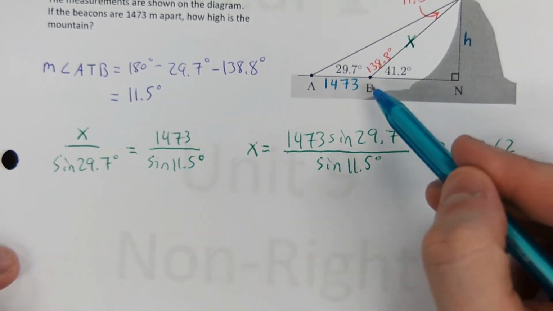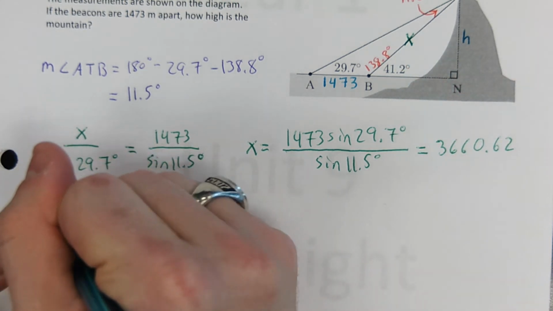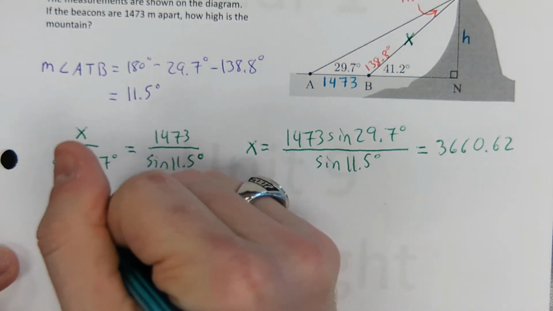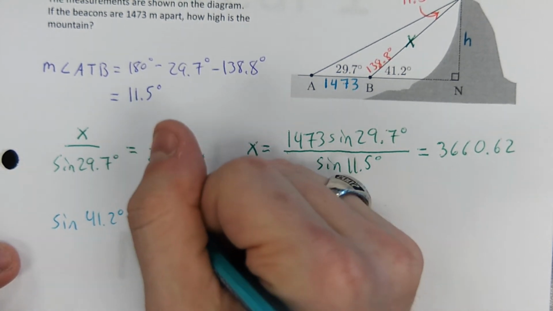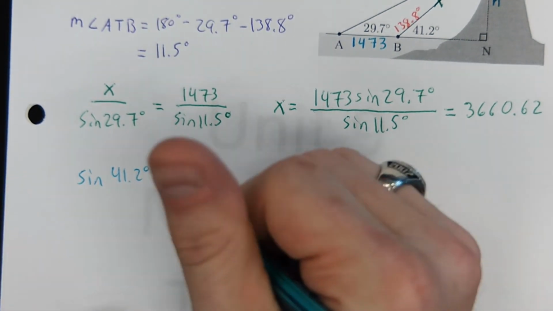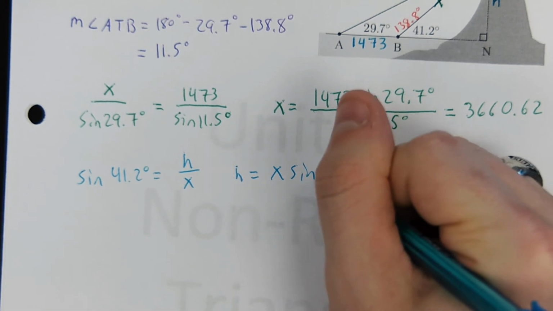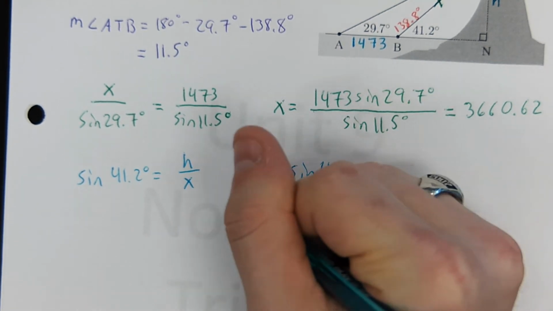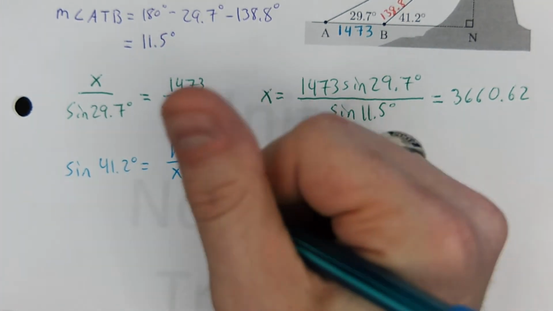Sine is now my buddy, opposite and hypotenuse. Because sine of this 41.2 degrees would have been h over x, but I know x. So h is x times the sine of 41.2, so h is this number, sine 41.2 degrees.